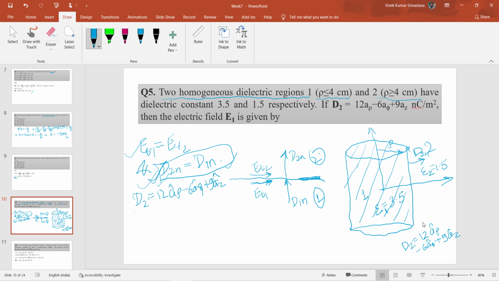For finding out the normal component of displacement vector D2n, you will just take a dot product with respect to the normal component.